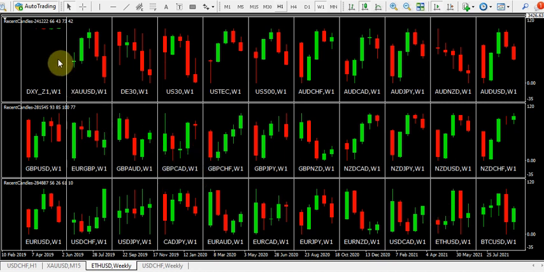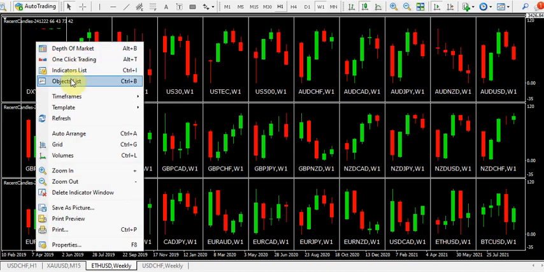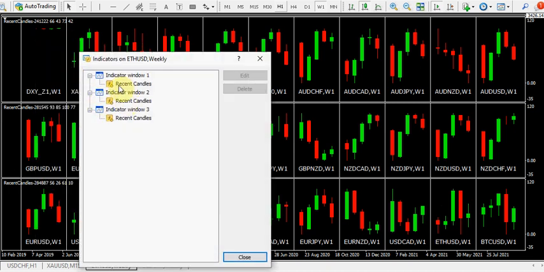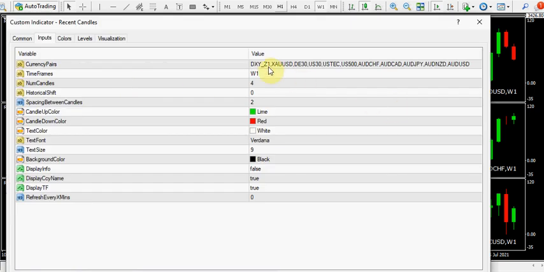So I've got this lovely dashboard now. All it is, is a collection of this particular indicator, recent candles, loaded up 3 times to get the rows of currency pairs shown as so. And these are the settings if they are useful to anyone else who's trying to set it up like this.